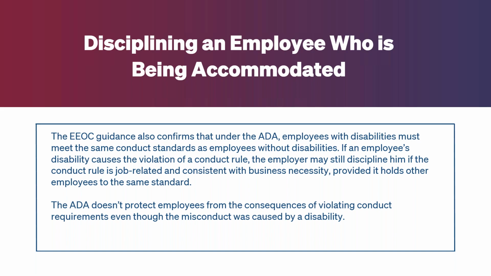Again, this is if you have a point-based attendance policy and you've got an employee who has a disability and needs time off for appointments, you're not going to want to assign points for those time off for appointments. You do have the right to hold those employees to the same conduct standards. However, the accommodation is allowing those absences.